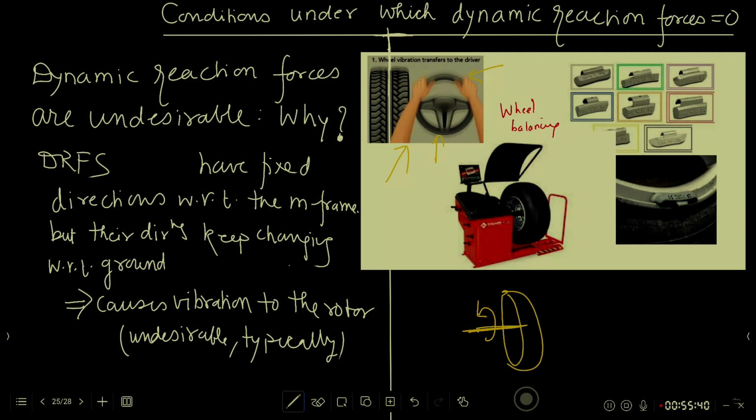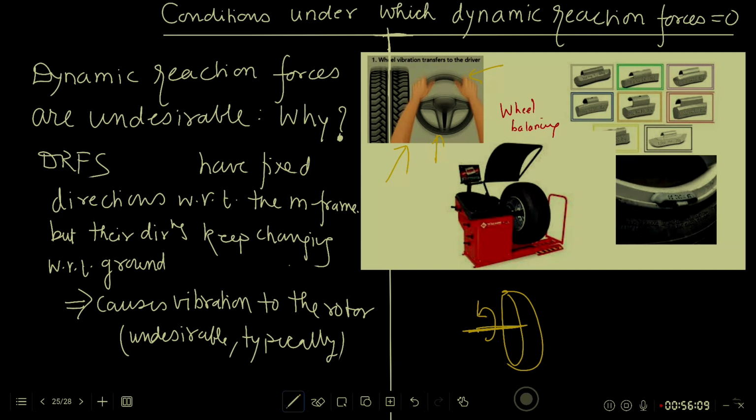Interestingly, you may not experience this while driving in traffic in a city because the omega is small. Only when omega becomes high, the change in direction of these dynamic forces becomes very rapid, and that is why you start getting perceivable and annoying vibrations.